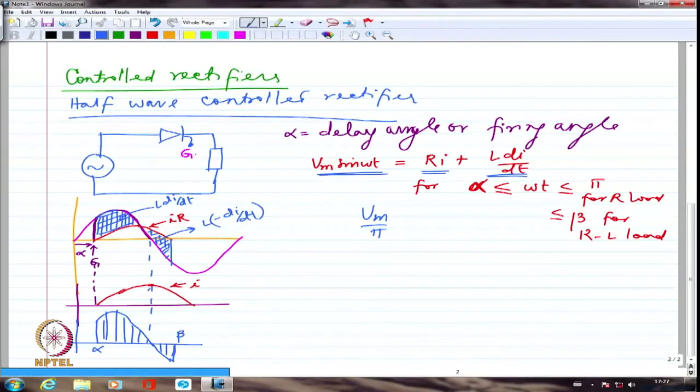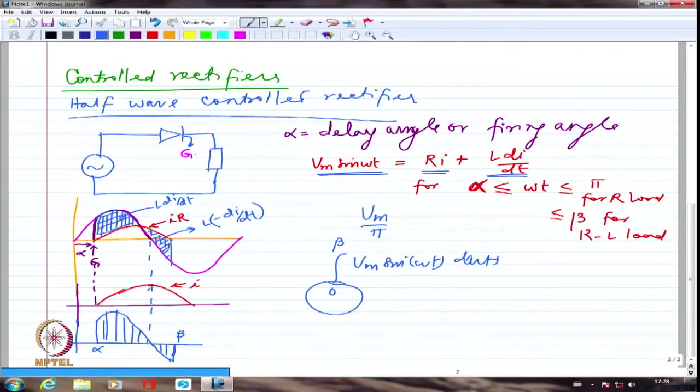And in the case of inductive load, I had to start from 0 and go until beta, and I had to say Vm sin omega t d omega t. So this point is not controllable, whereas here, I am able to control that. So I would be able to control how much voltage output I am getting. So this is essentially for controlling the output voltage.